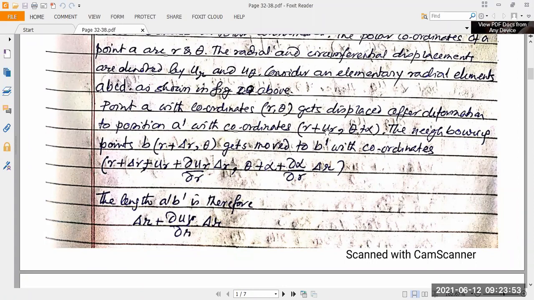If we eliminate this portion from this portion, it reduces to delta r here and delta ur by delta r into delta r here. So the length A dash B dash is given as delta r plus delta ur by dr multiplied by delta r itself.